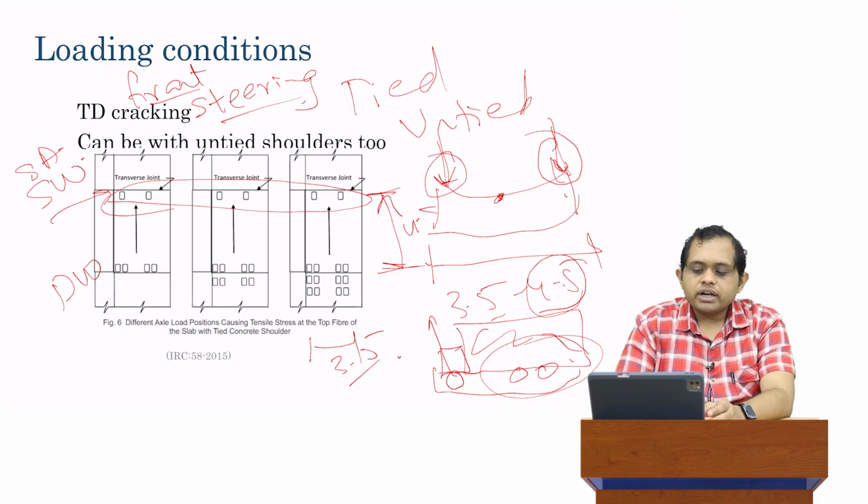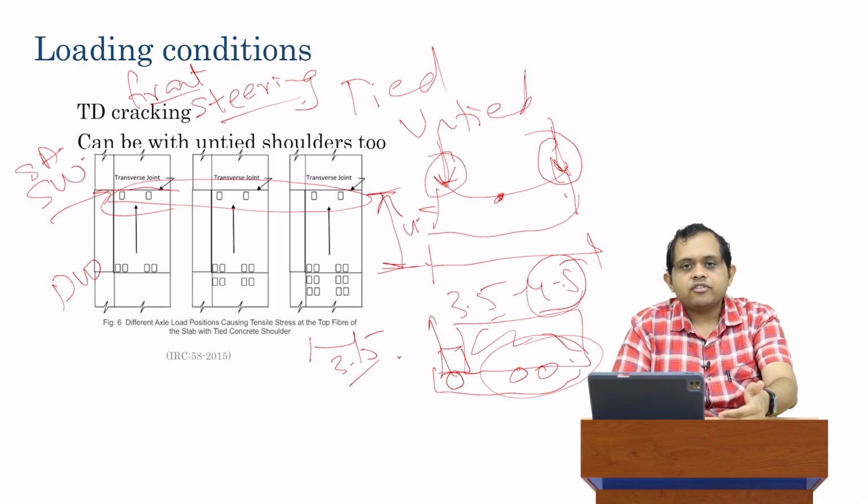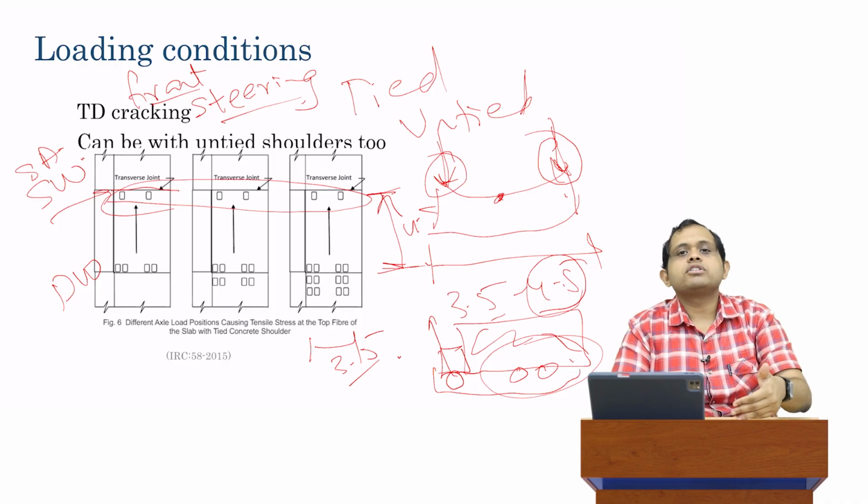So the critical loading configuration, according to IRC 58 for top-down cracking, is that the front axle is placed at one transverse joint. So the front SASW steering axle is placed at the one transverse joint. 4.5 meters behind it, at the next transverse joint, you place the first set of axles of the rear axles.